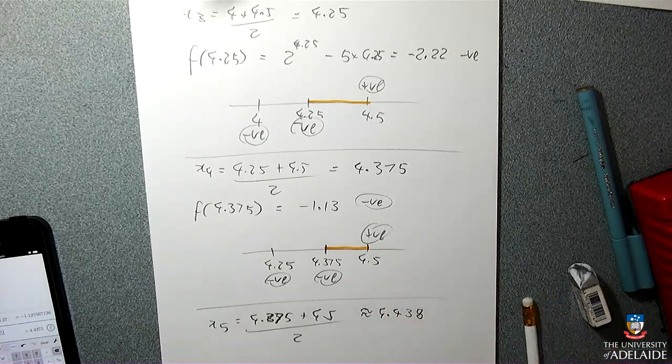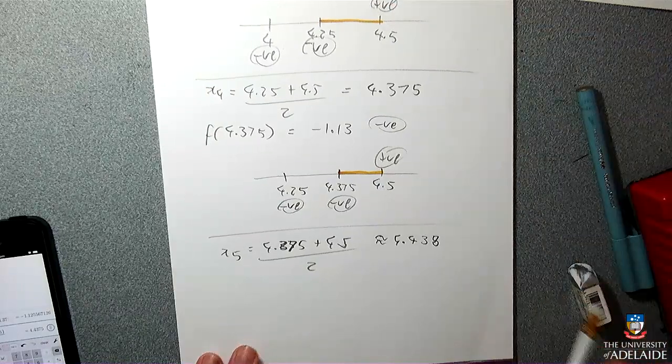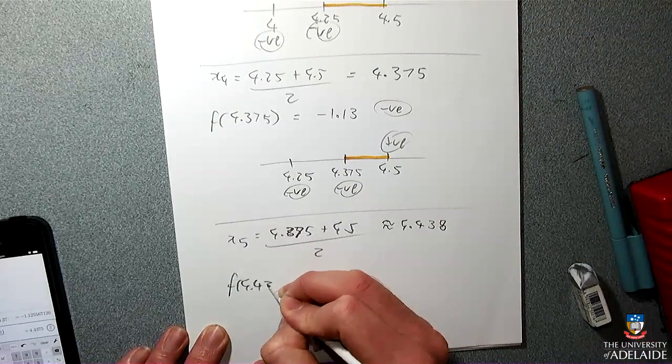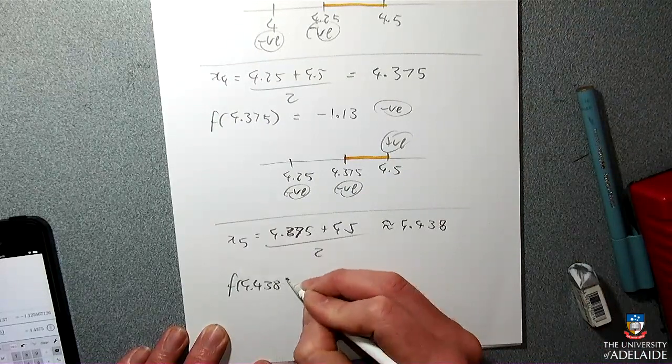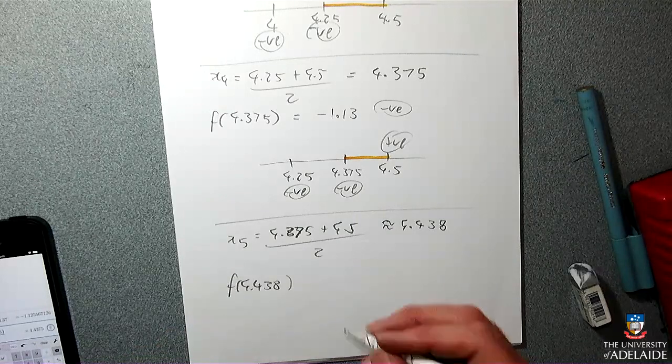So what I am going to do is, there's no point me doing this accurately if I only want the second decimal place. There's no point me going to 4 decimal places if I only want 2 decimal places. So I'm just going to round it off at 3. And I would just keep doing this until I knew what the second decimal place was. And I'm going to stop in a minute because I can't be bothered going much further than this.